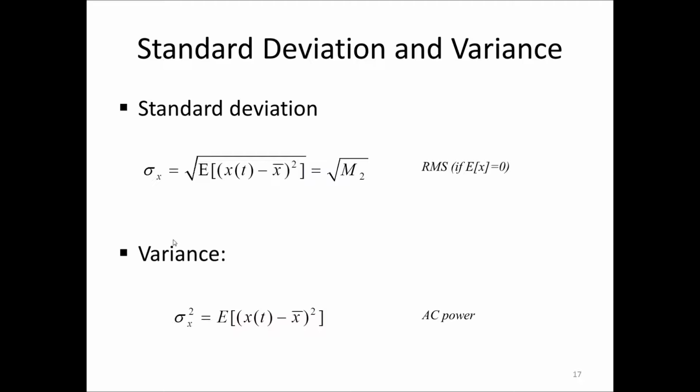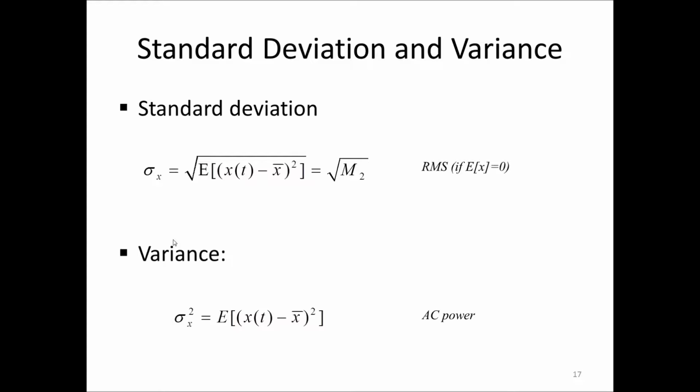Using the moments, we can now define the standard deviation and variance, which are very common to use. Actually, we already used the standard deviation when we defined the random error earlier, but without mentioning it. The standard deviation is the square root of the expected value of x of t minus x bar squared.